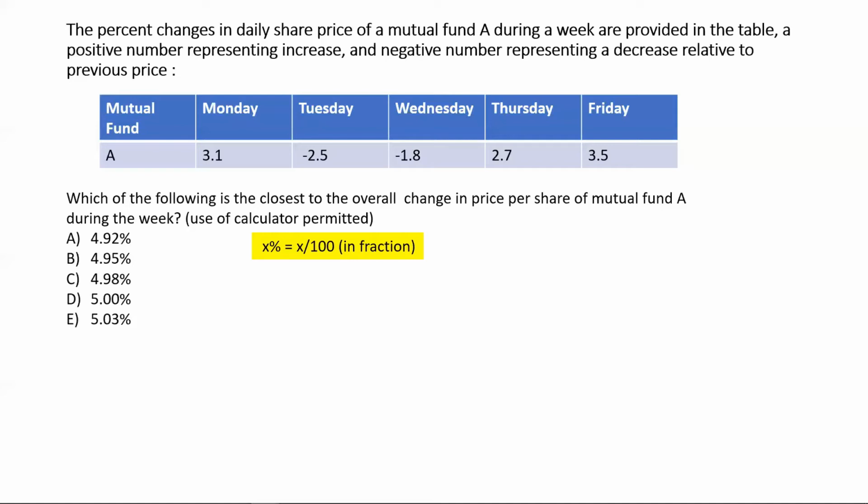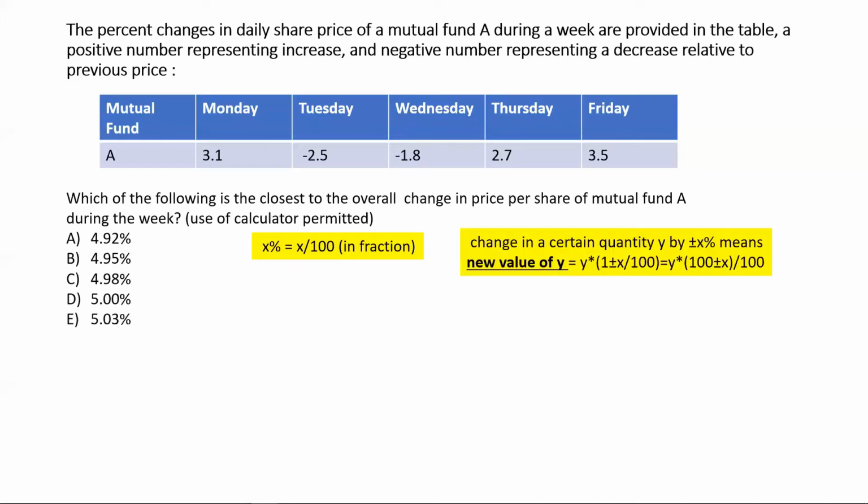Now, let's get to the question of what a percent change means. If we have a quantity Y and we say that it changes by X percent, the change could be plus or minus, plus meaning it increases by X percent and minus meaning it decreases by X percent. But what does it mean with respect to the new value of the variable after the change?